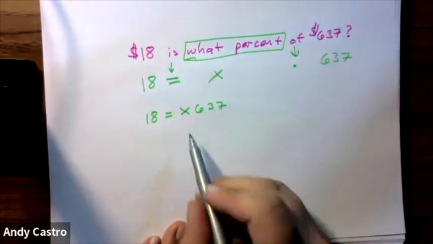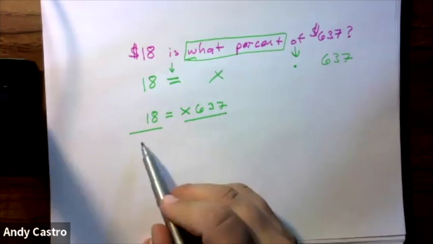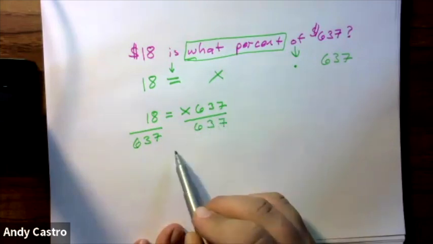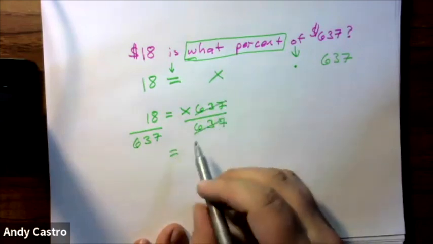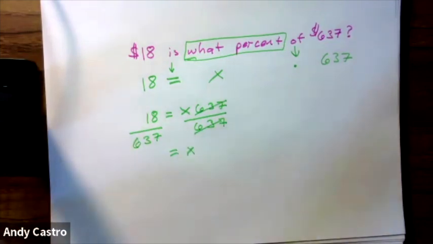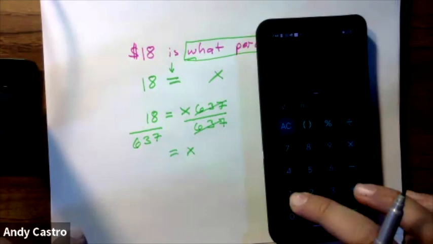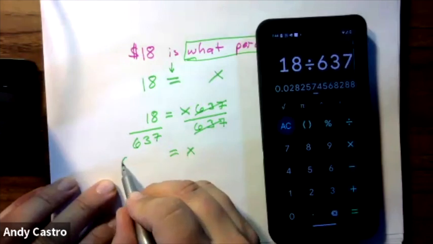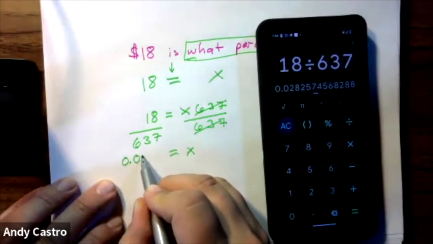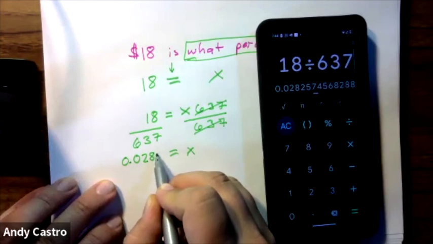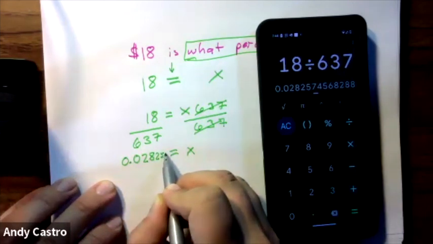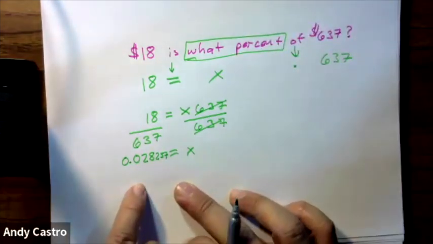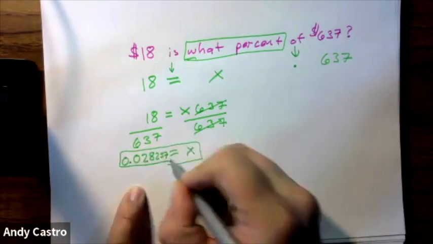In order to get X by itself, I'll divide both sides of this equation by 637. And here, I will take 18 divided by 637. And that gives me 0.02827. Okay, that's enough decimal places to get to where I need. All right, and this is my percent.